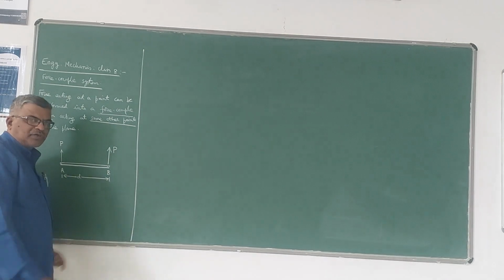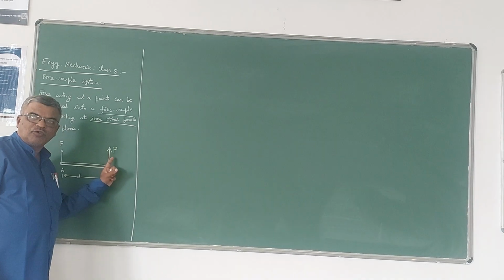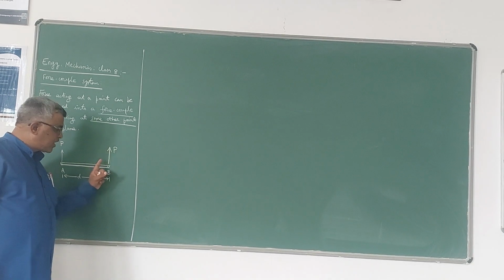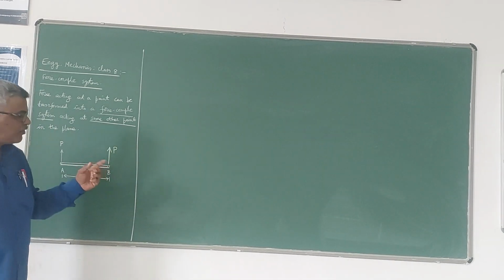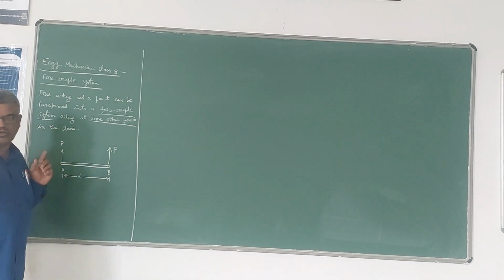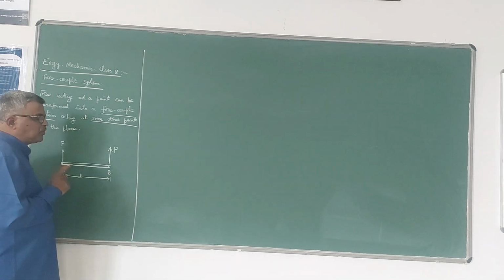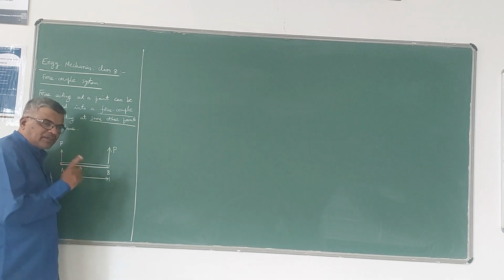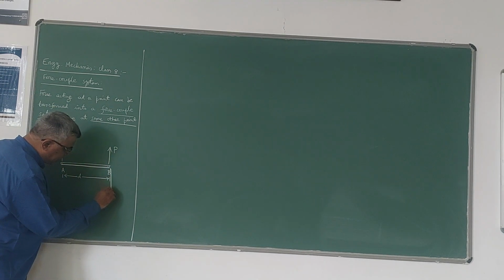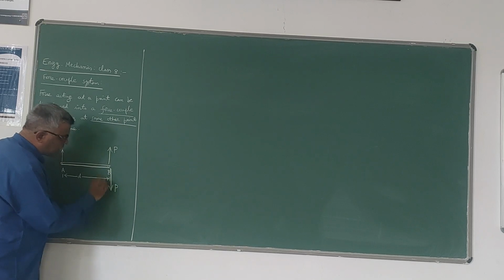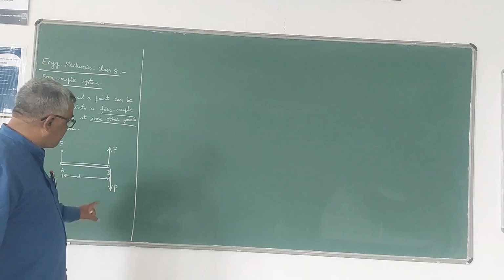Since I have introduced a new force at B, the value of that force is P in the same direction as that of A. Now the effect on this rod will change. To nullify the effect, I have to introduce another force P downwards at B of same magnitude but acting in opposite direction.